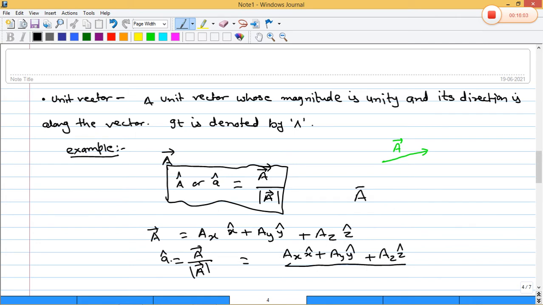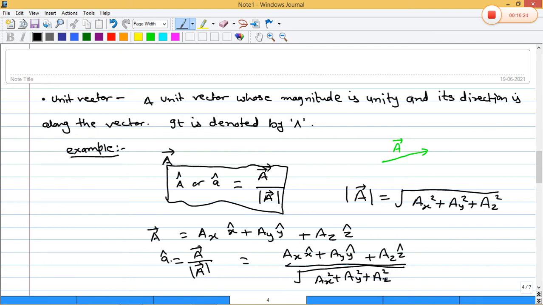The magnitude is nothing but the square root of ax square plus ay square plus az square. So this is the unit vector of this vector. Now any vector we can represent as its magnitude multiplied with its unit vector.